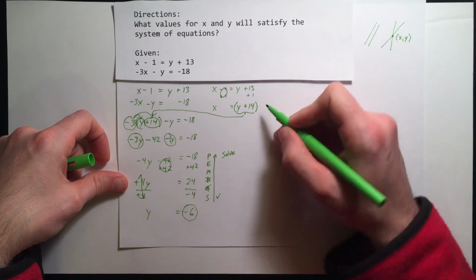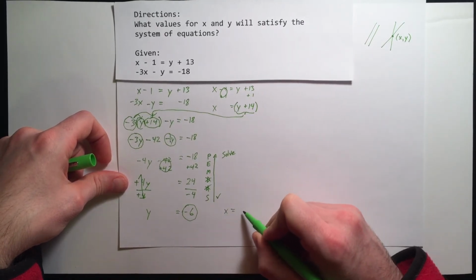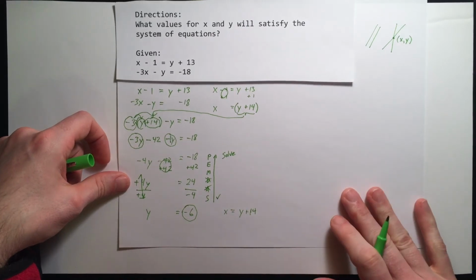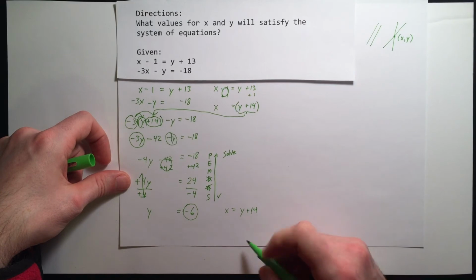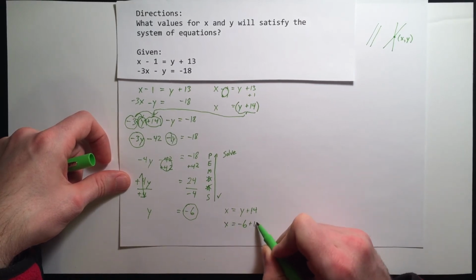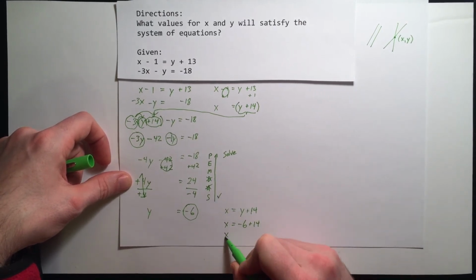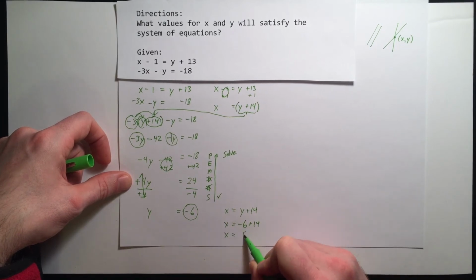So, if I bring this equation down here, I say x equals y plus 14, you can see that if I just plug that negative 6 in for y, it makes it pretty easy to find out what x is. I just have to combine those two numbers. And negative 6 plus 14 makes 8.